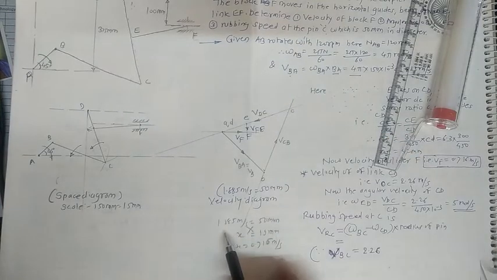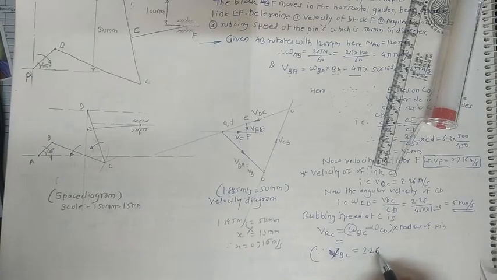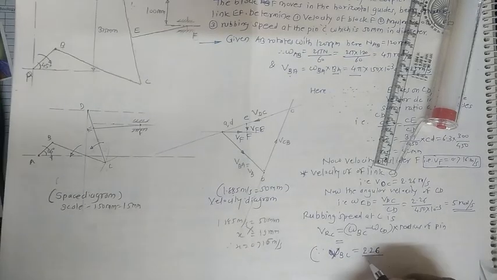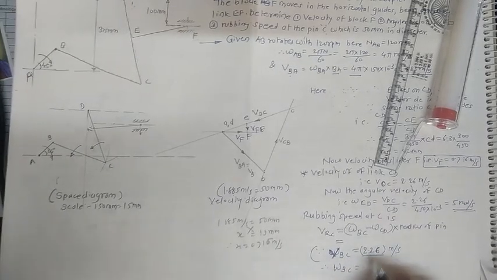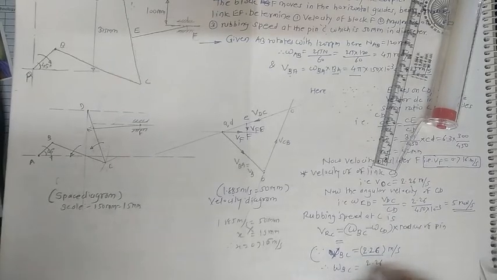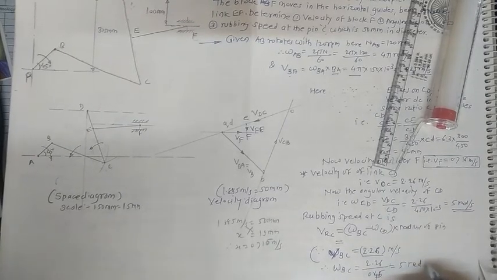As per the scale we selected, you get 2.26, which indicates the linear velocity of the link BC. What about the angular velocity of the link BC? It is nothing but 2.26 divided by 0.45, because 450 mm length is given for that link BC. By calculation, you get 5 radian per second.